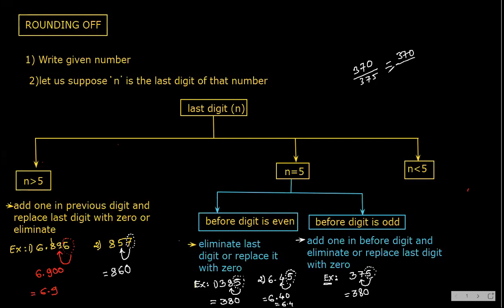So 370 divided by 380, the 0 cancels. So like this you can round off this number so that it is very easy for calculation. That's what this rounding off method is.